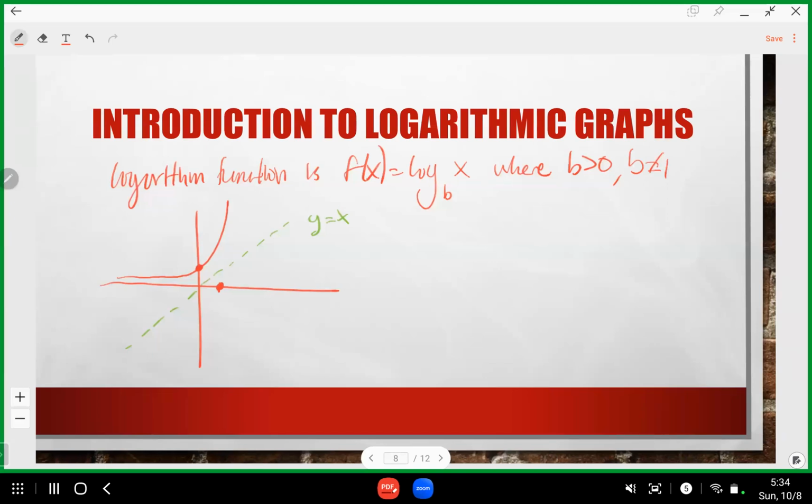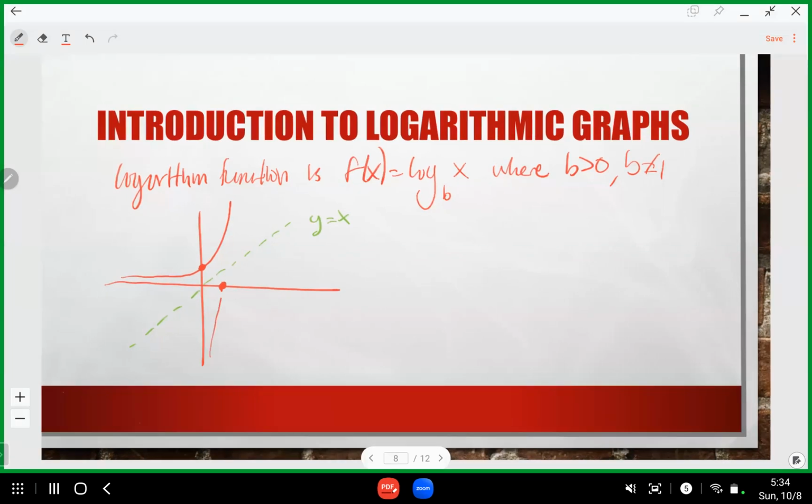Because whenever x is 1, then it has to be 0, right? Because anything to the exponent of 0 is equal to 1. So then we have something like this. Instead of a horizontal asymptote, we now have a vertical asymptote here. See this vertical asymptote. Right, so also pay attention to this vertical asymptote because it is also very important.